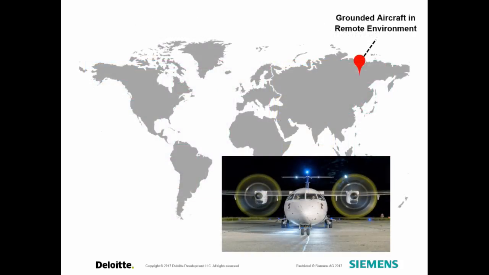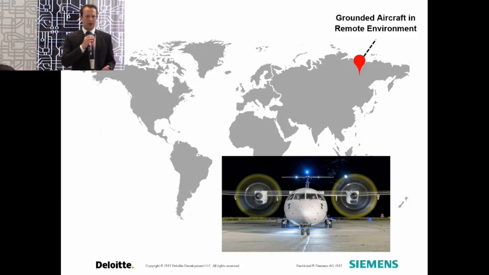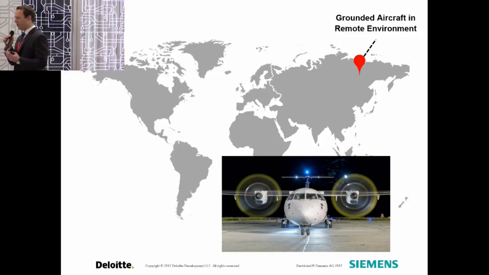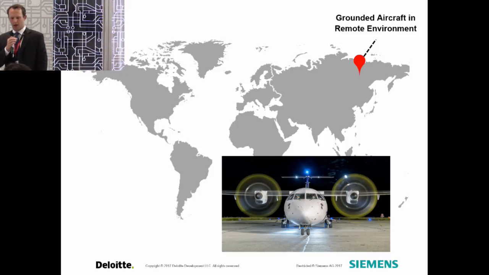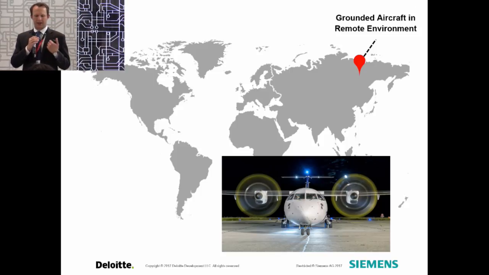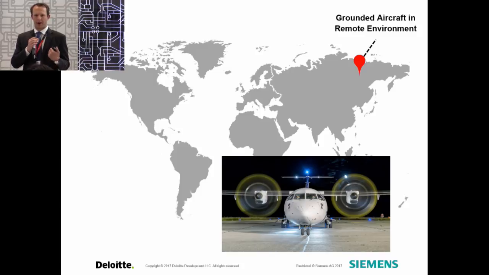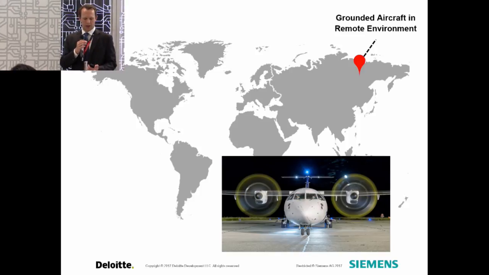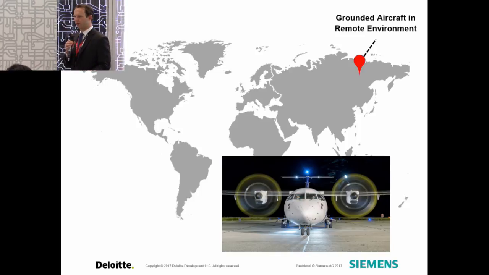So when we go and talk to new audiences about this, we like to use a case study. Our case study in this situation is a grounded aircraft in a remote environment that we would like to get back up and moving again, get it off the runway and put it back in service. That directly affects the bottom line, and we want to make sure that our customers can harness that capability to dramatically reduce the amount of time it takes to get those repairs done and guarantee the quality of the replacement parts.